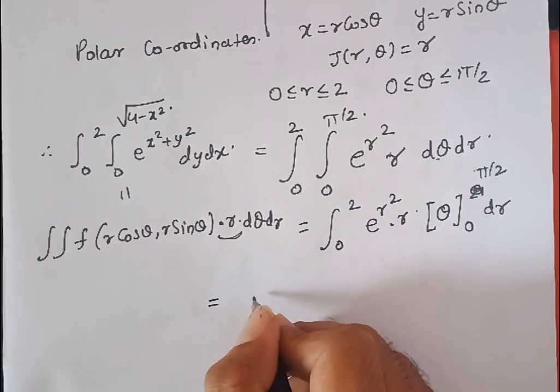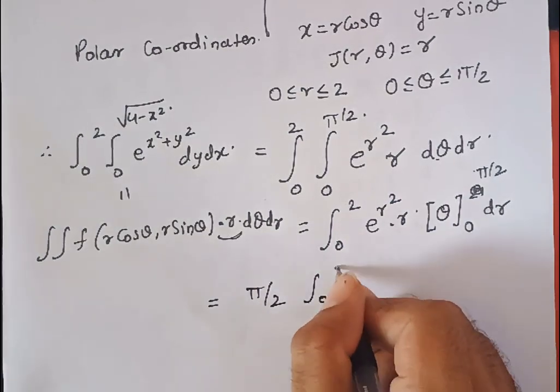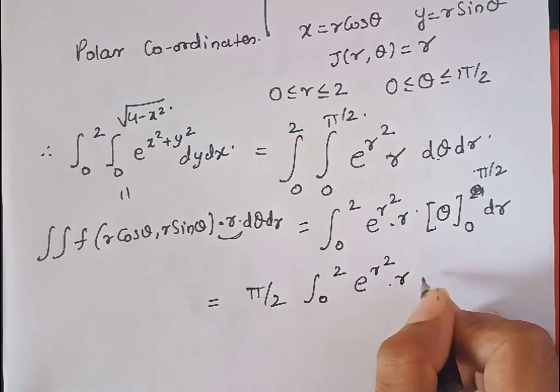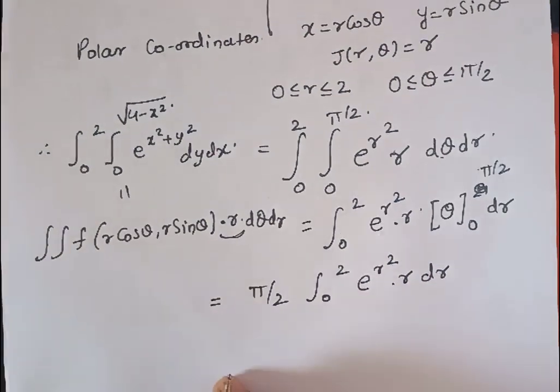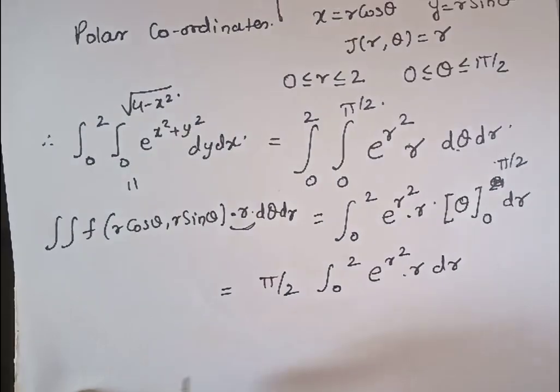So upper limit minus lower limit, that is pi by 2 integration 0 to 2 e raised to r square into r into dr.